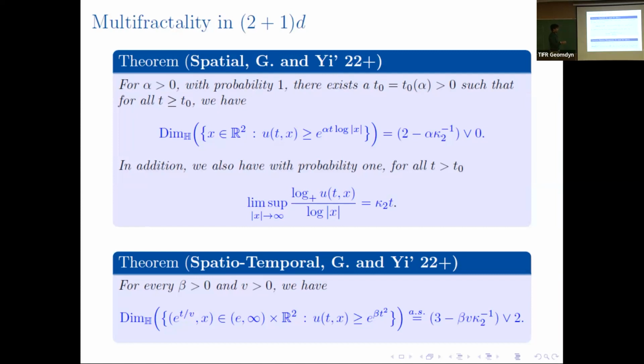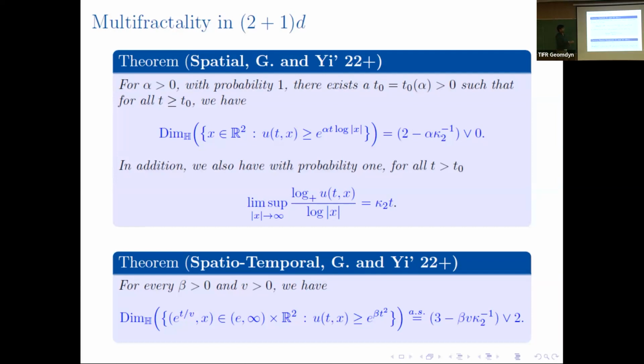For a fixed t, which is not random, for all t greater than some t_0, the macroscopic fractal dimension of the spatial level sets of the solution of the parabolic Anderson model in 2+1D has a very concrete value, and it's not random, it's deterministic. Since this value varies continuously with the level, which I set here equal to α, it shows multifractality: if you take distinct values of α, you get distinct values of this fractal dimension.